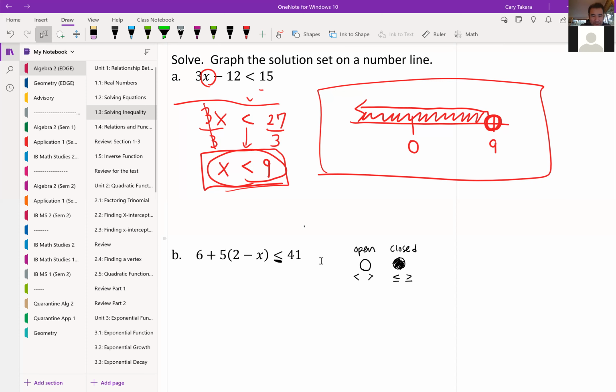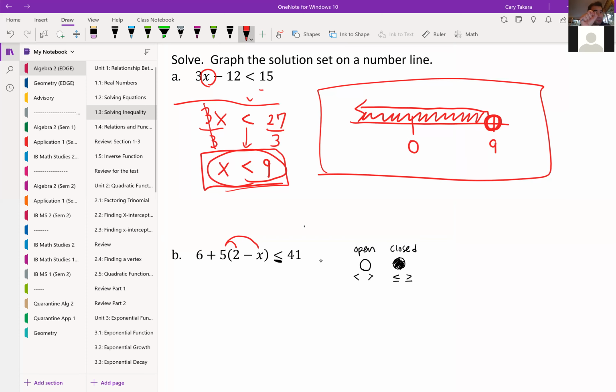Okay, so first you're going to distribute. Did anybody add 6 plus 5 and get 11? And then you distributed 11 and you got a funky number, right? Funky solutions. Did anybody try that? That's really tempting, isn't it? But you cannot add 6 and 5 yet, you have to distribute, okay?